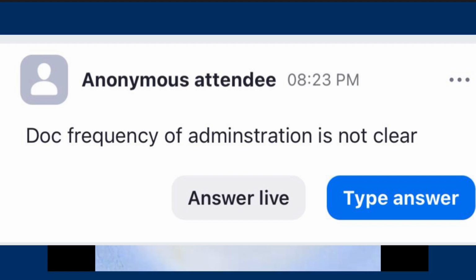The other question is that the frequency of administration is not clear. Once you have calculated the amount of solution needed to achieve the target increment in sodium level, then you can divide that by every hour. For example, in our patient, it is around 460.